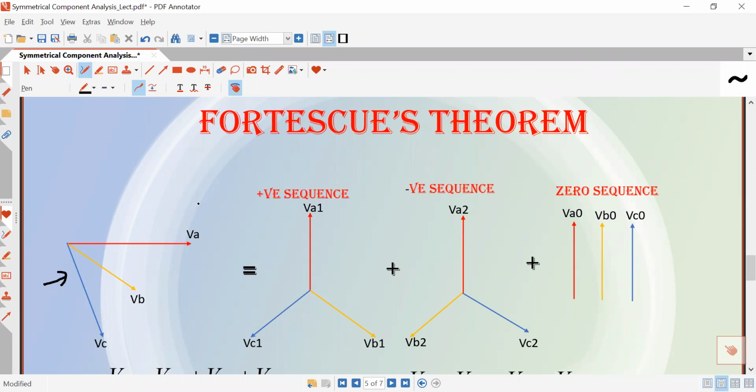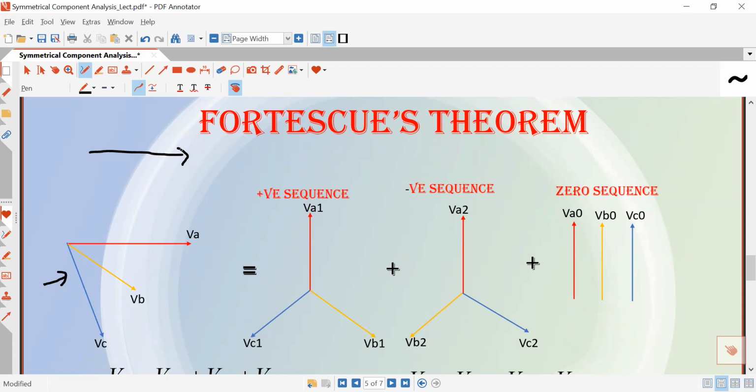If the system is a balanced three-phase system, then the phase voltages of that system will be of equal magnitude. The magnitude of each phase voltage will be the same, and the phase difference between two phase voltages will be 120 degrees. When you represent the phase voltages through a vector diagram or phasor diagram, what do you get?